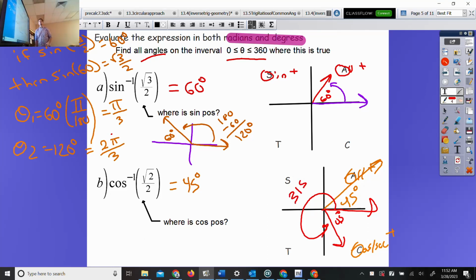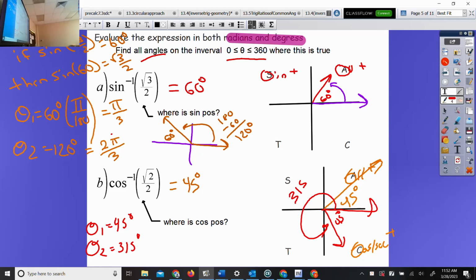So we found one answer to be 45 degrees. We found another one to be 315. Let's check them. Make sure they work. I wouldn't press sine of 45 degrees here, check it. What would I have to press? I want to check it. What do I press?